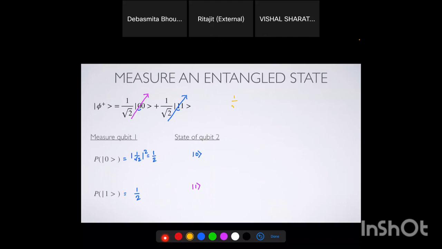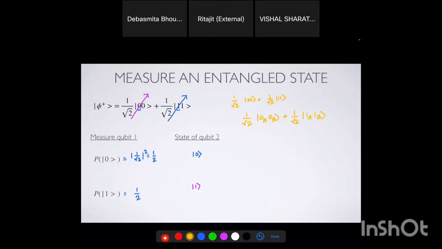You have this state 1 over root 2 |00> plus 1 over root 2 |11>. Okay, let's write it like this, it will be better: 1 over root 2 |0_A 0_B> plus 1 over root 2 |1_A 1_B>. I am A and I am going to measure my qubit. B can be anywhere.